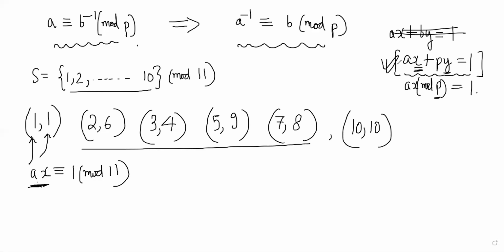But right now, what I'm trying to say is that in this set we can group together terms that are inverses of each other. If you group them together, you get a situation where there are some pairs which have different numbers and some pairs which have the same numbers.